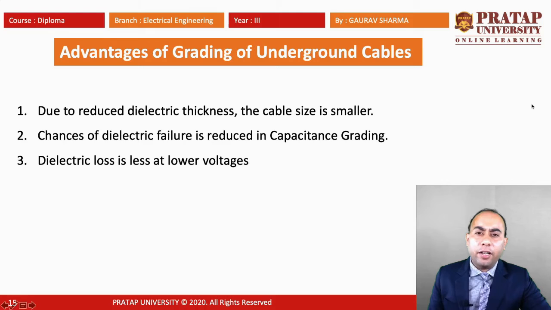Now the advantages of underground cables due to grading: due to reduced dielectric thickness, the cable size is smaller. So up to very high voltage we can use the underground cables. Chances of dielectric failure are reduced in capacitance grading, which is a very big advantage, and the dielectric loss is less at lower voltages.